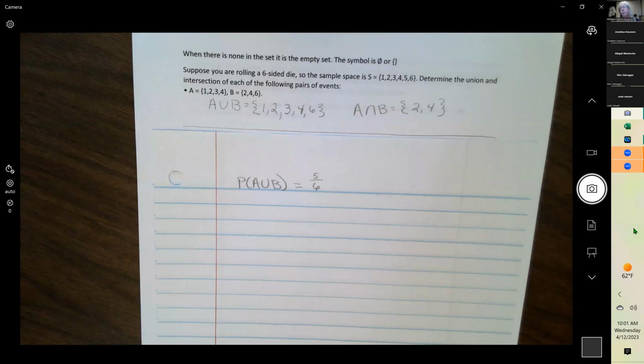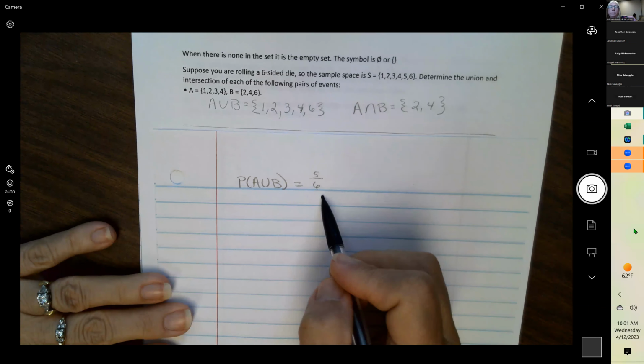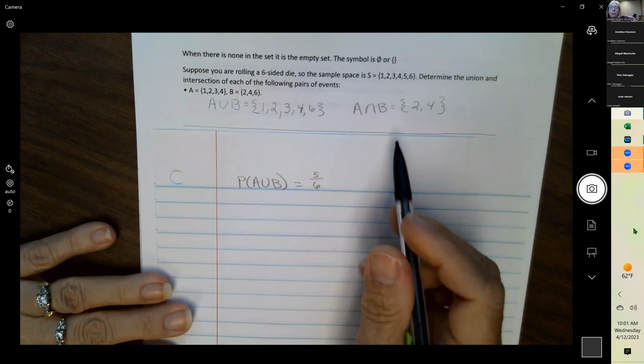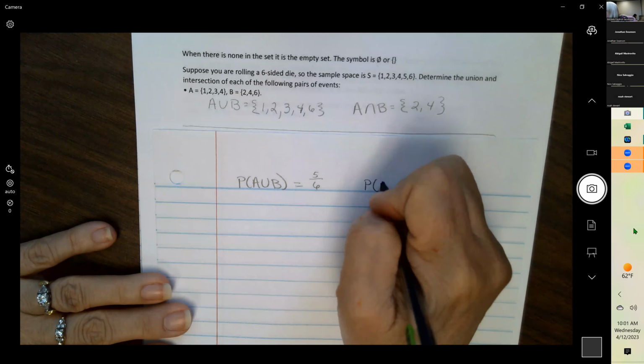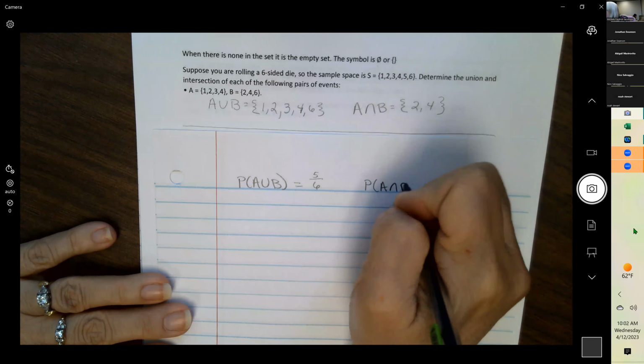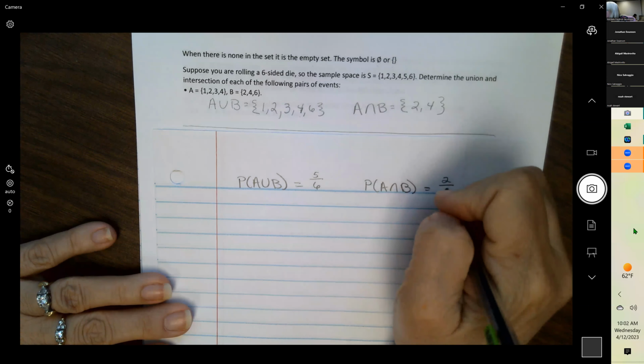So if you have them all listed and you can see which ones they are, then you just add the probabilities. Intersection is 2 out of the 6.